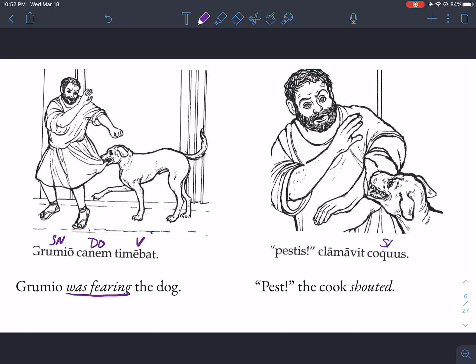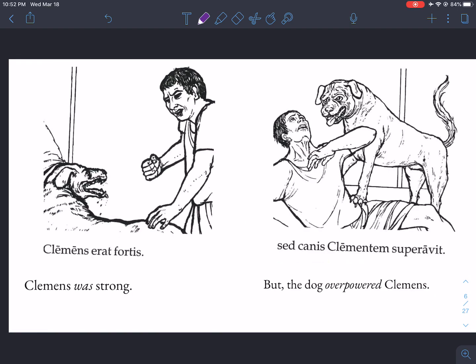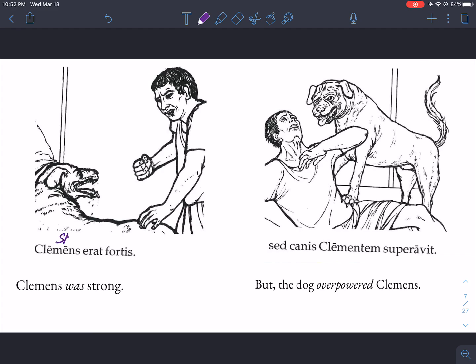The cook shouted. All right, pay attention to the italicized. Okay, Clemens was strong. Okay, was. But the dog overpowered the Clemens. Okay, overpowered is your verb here.